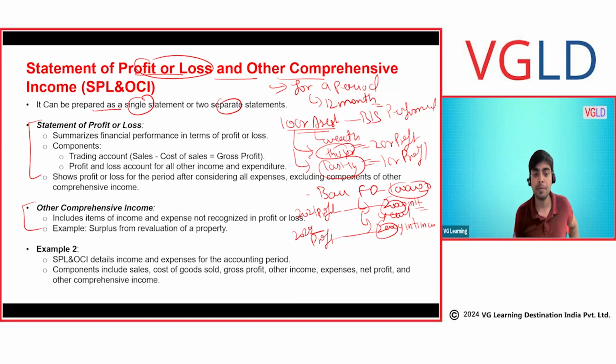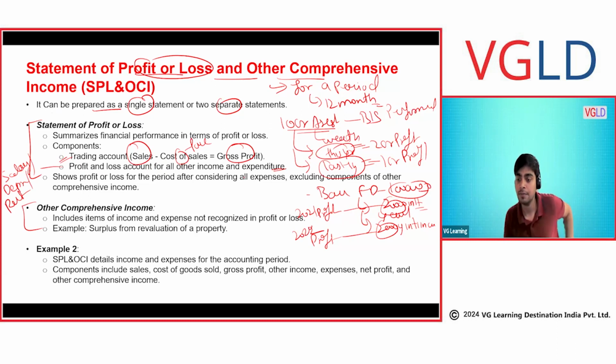The statement of profit and loss represents, let's say, you have made sales, you have made purchases, and this was your trading profit. Then you incurred salary, depreciation, rent expenses. All these expenses will come out to be your net profit. Don't worry, I'll show you the format.